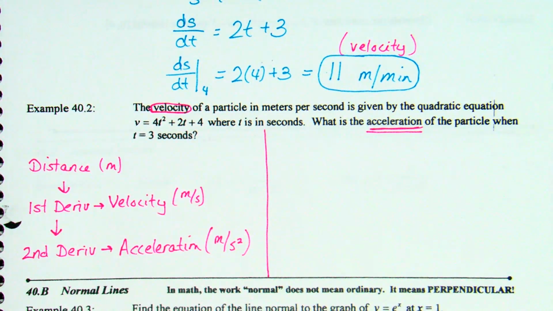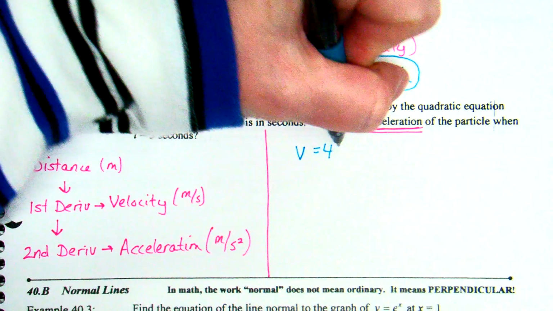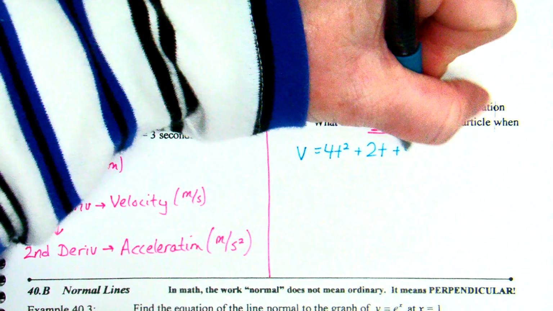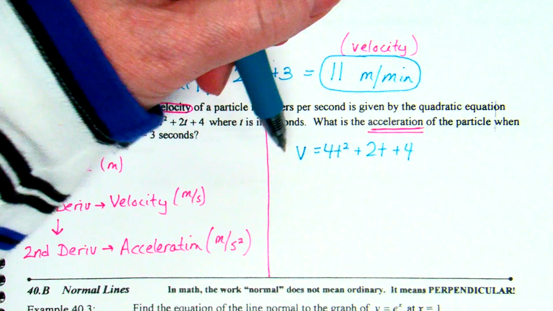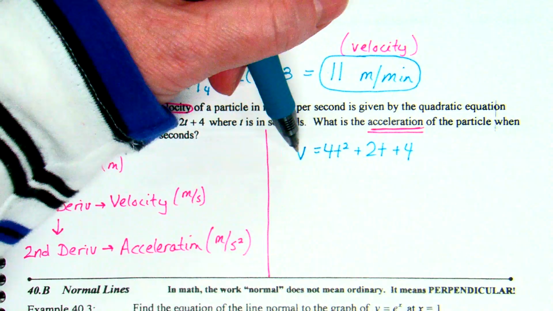Now, back to the question they gave us. They gave us the velocity of 4t squared plus 2t plus 4. How am I going to find acceleration? Take the derivative. Now, if we use the d's to label, it'd be the derivative of velocity with respect to, what variable is here?